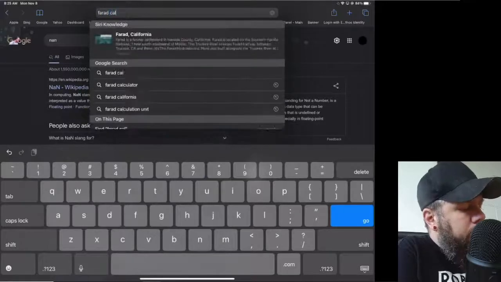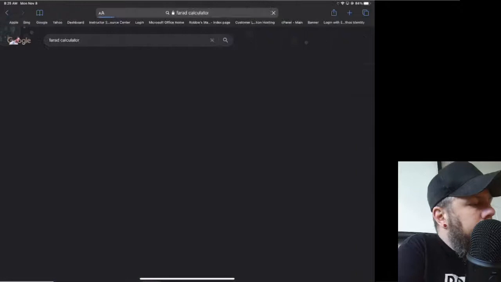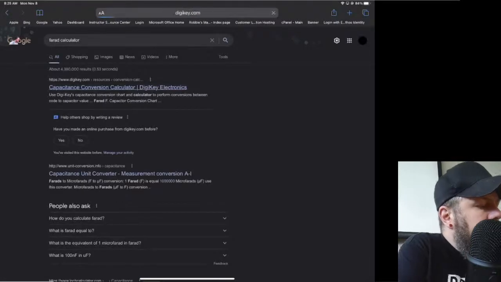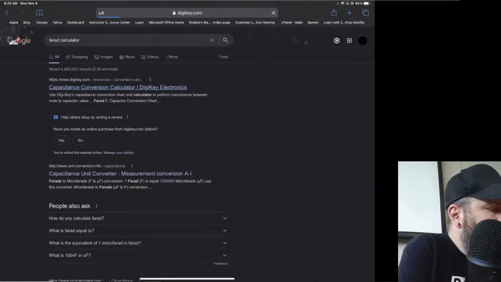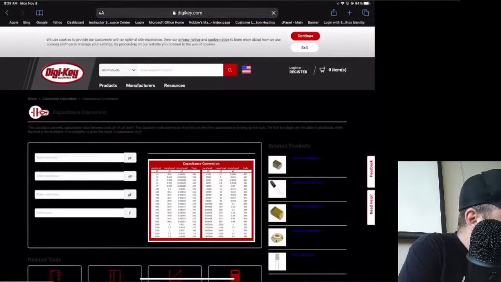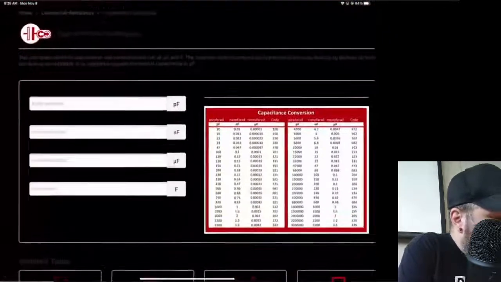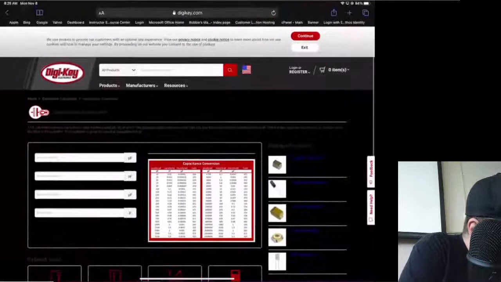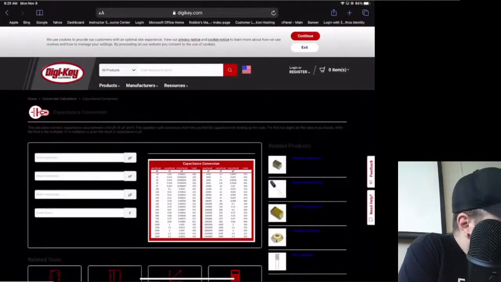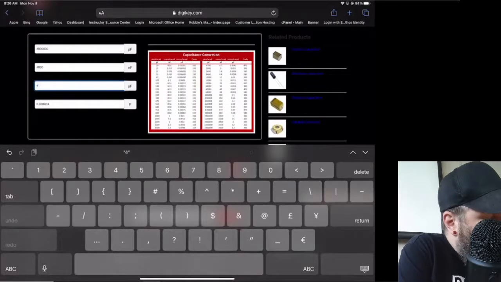So I'll look up a farad calculator, capacitance conversion calculator. That looks pretty good. All right, so it says enter. Oh, that's the same one. We're going to do a microfarad. So we said 4.7 microfarads.